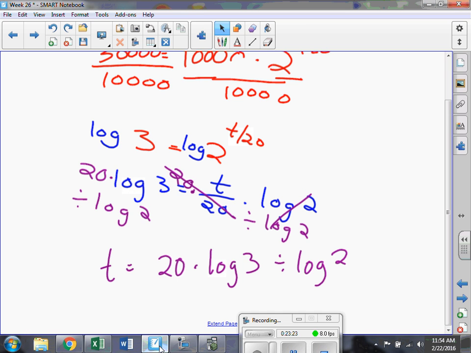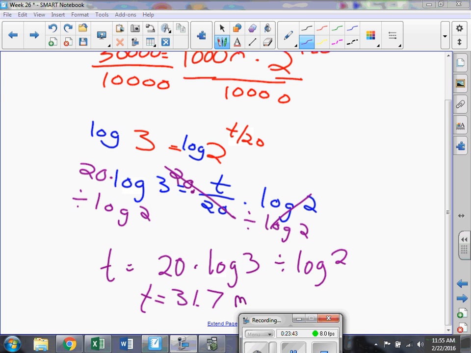So time is equal to 31.7 what? 31.7 puppies? Days, weeks, years, seconds, milliseconds. What was it? Since our original label on time was minutes, we'll stick with minutes. So it takes a little bit over half an hour.